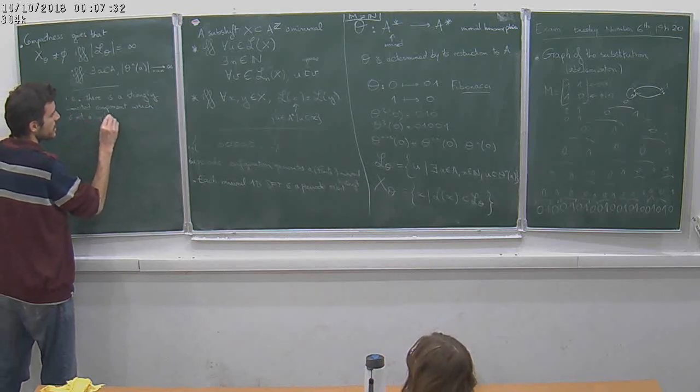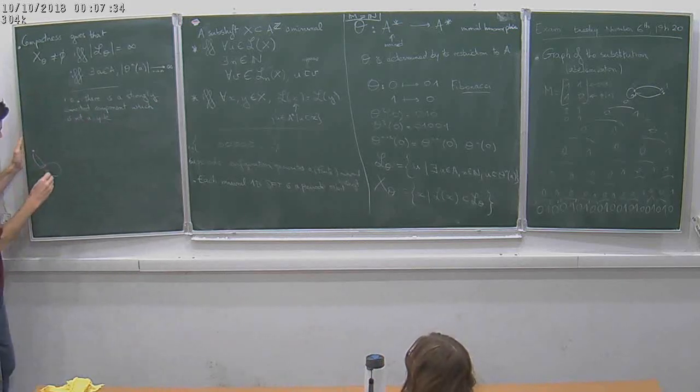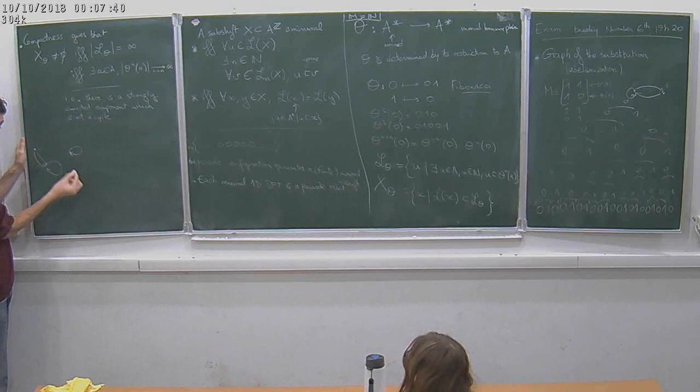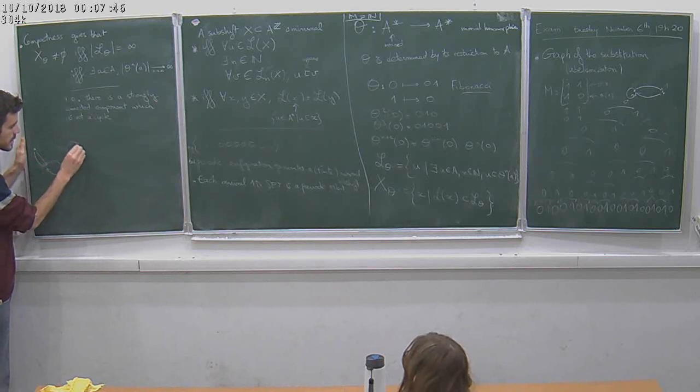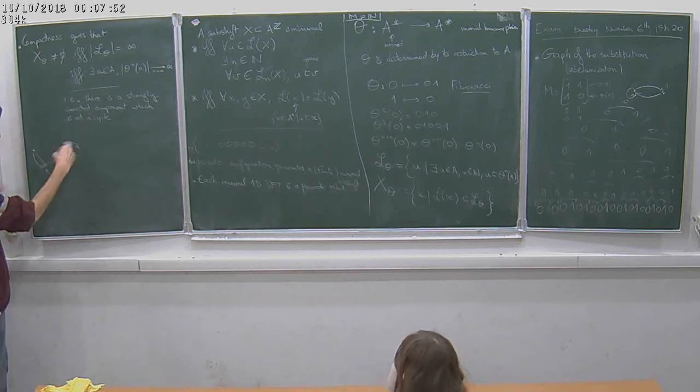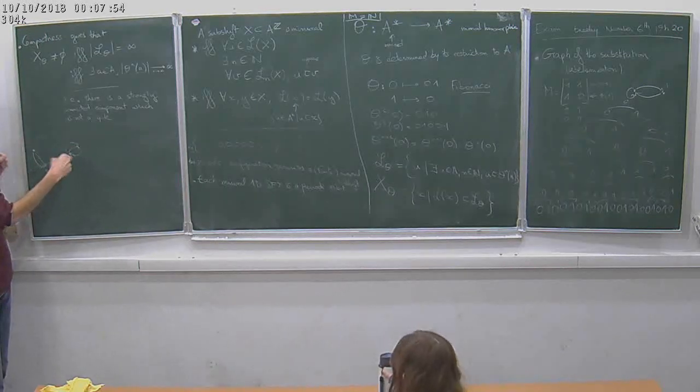If you have a strongly connected component which is not a cycle, then it's okay. Because it means at some point I have two outgoing arrows which go back. Maybe not like this, but maybe like this. And this is okay. Then you can follow many paths by staying in the same connected component.